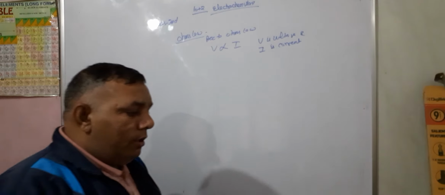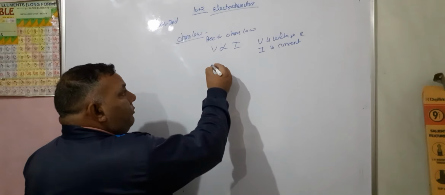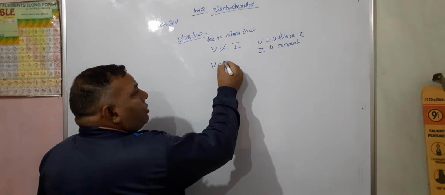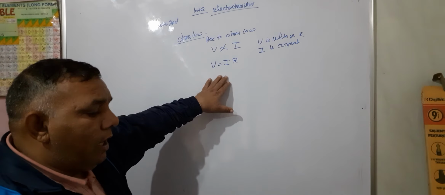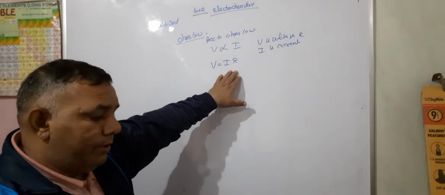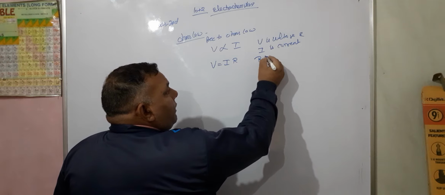And when we remove the directly proportional sign, we put a constant that will be R. What do you mean by R? R is the resistance.